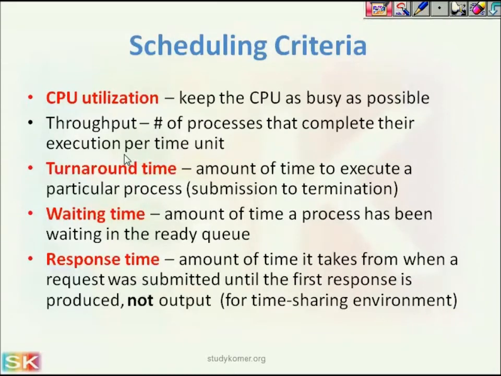So when a process is submitted to the system and when it is finished, the time duration between these two events, arrival and completion, is called the turnaround time of that process.